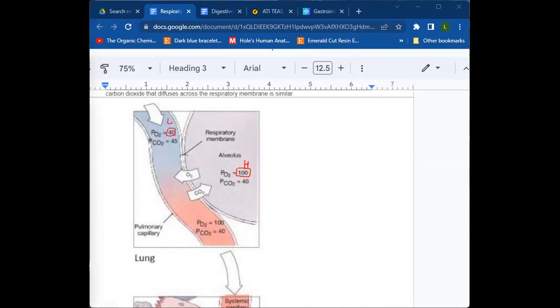So that's how the oxygen knows to flow from the lungs to the blood: it's flowing from high to low. Carbon dioxide is in a high concentration in the blood and a low concentration in the lungs, so that's how the carbon dioxide knows to go from the blood to the lungs.